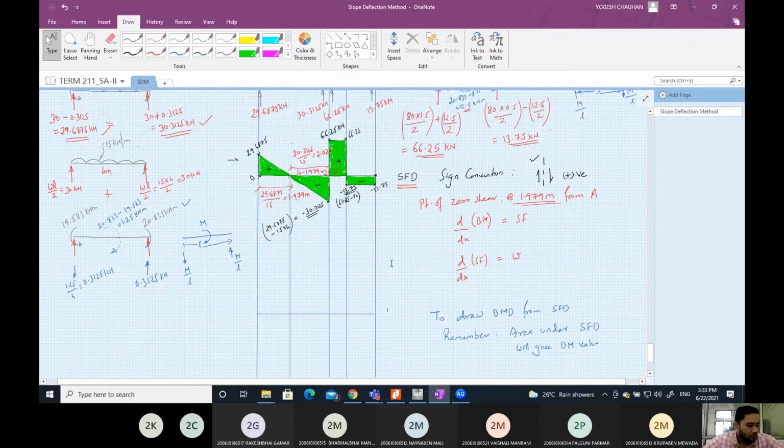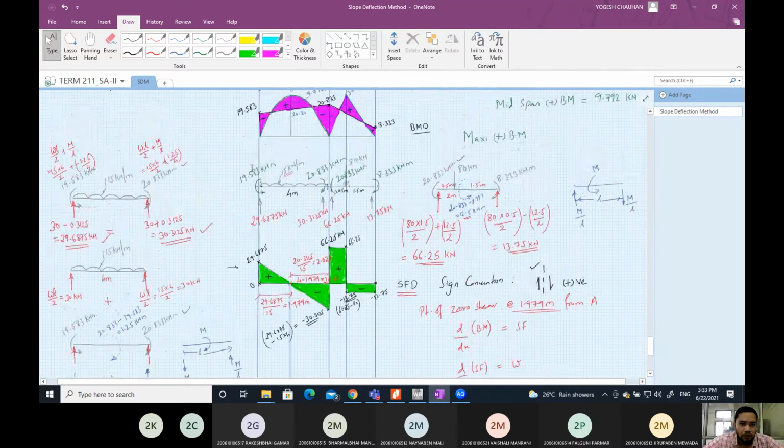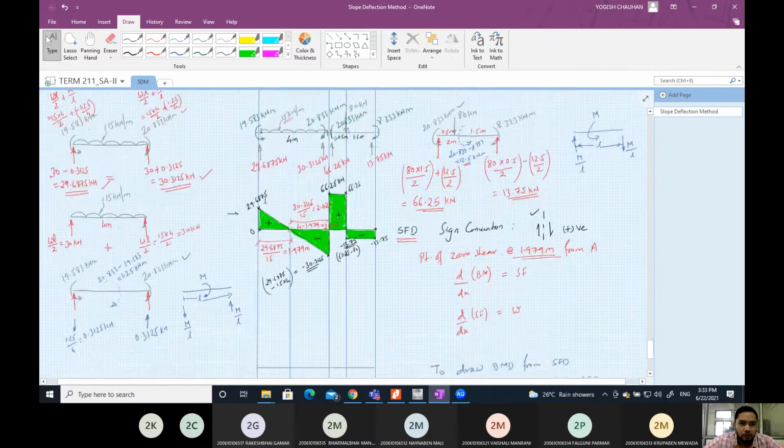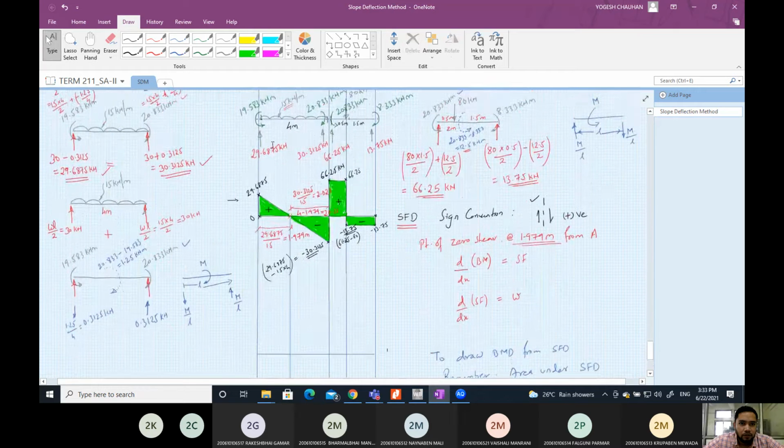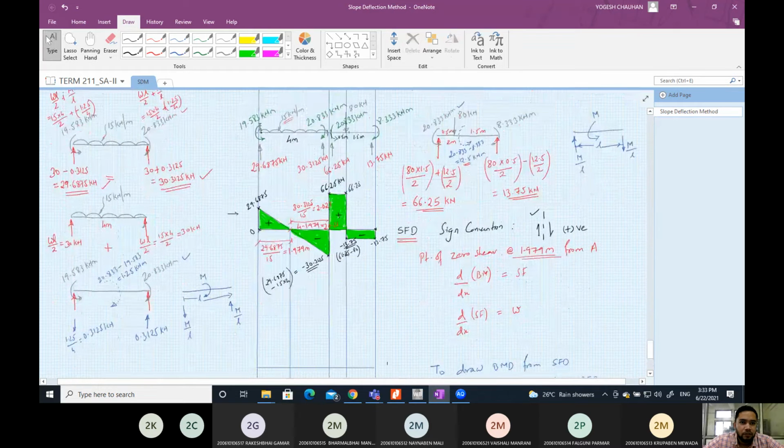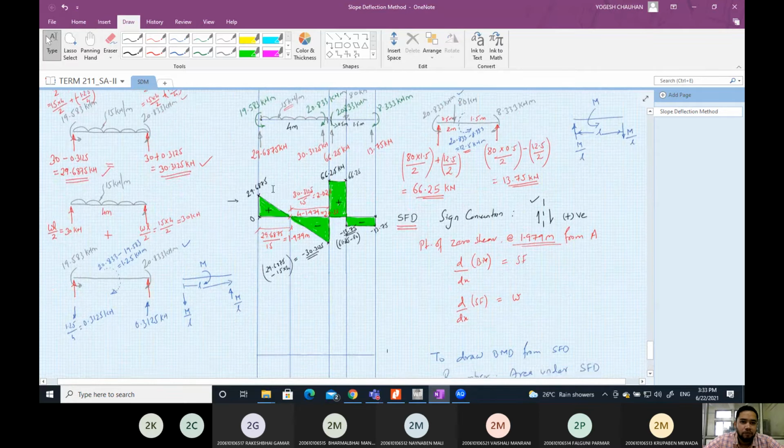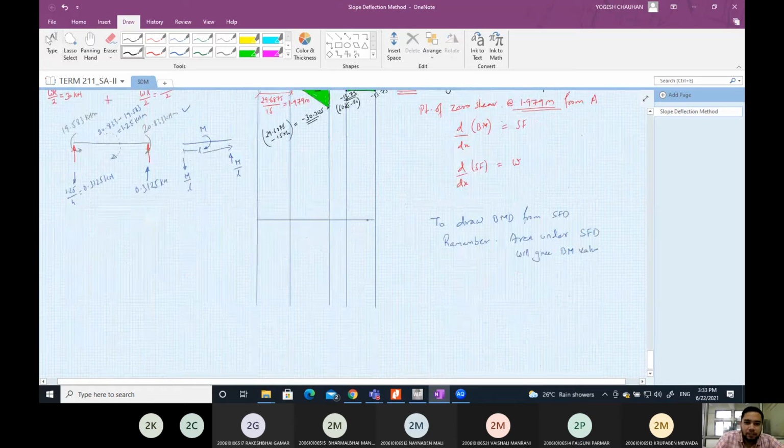So first, the bending moment at this point is minus 19.583. Now in this case, this will be your zero reference axis. So this is 0, this is 0.